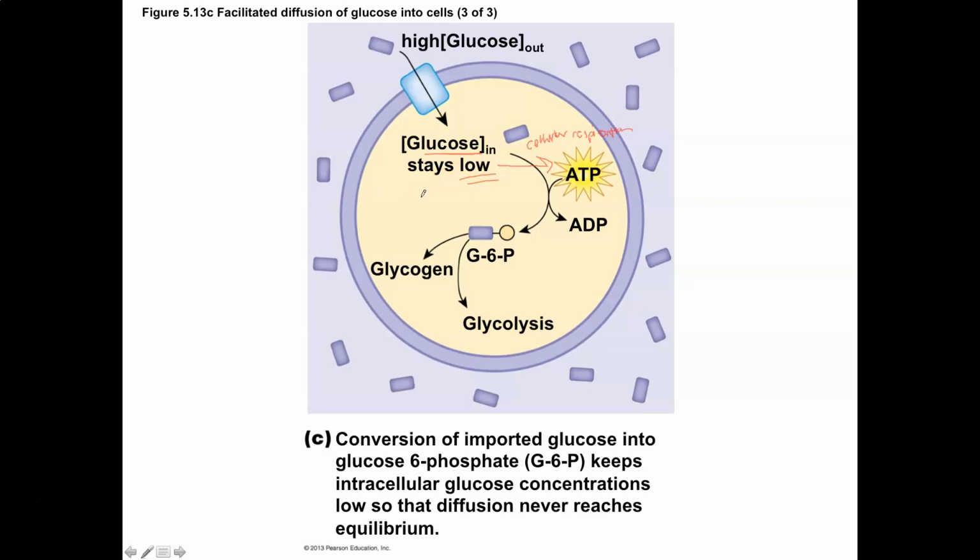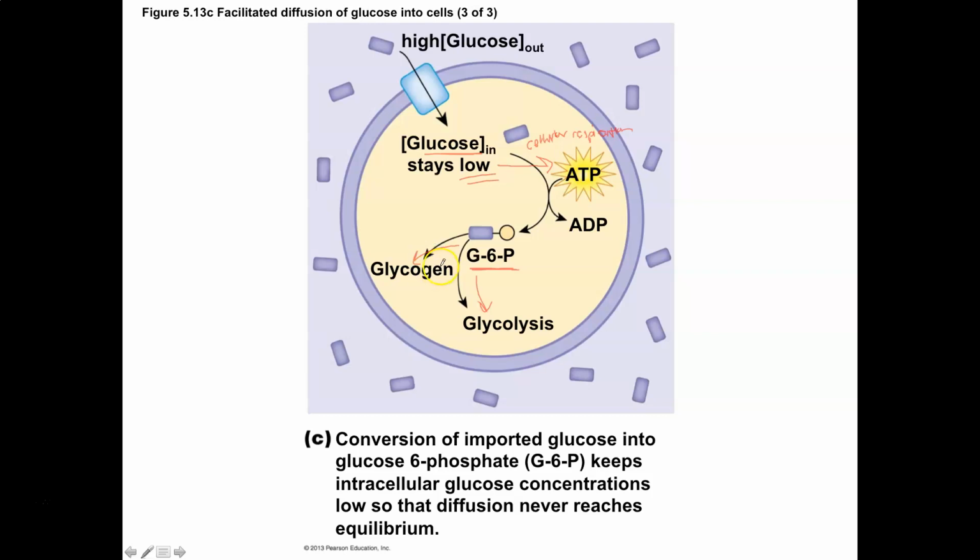Another thing that cells do is turn the glucose into something else. So when glucose enters into the cell, we can produce something called glucose 6-phosphate. And glucose 6-phosphate is actually a molecule that's used in glycolysis, but it also can be converted into a storage molecule called glycogen.